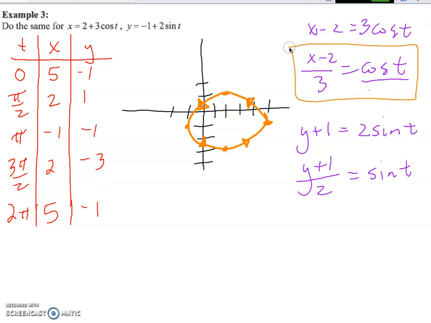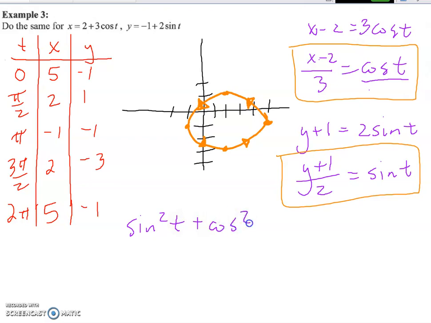And so what I want to do is just find an equation that easily relates cosine and sine together. Now the most popular one is one of our Pythagorean identities: sine squared t plus cosine squared t is equal to 1.